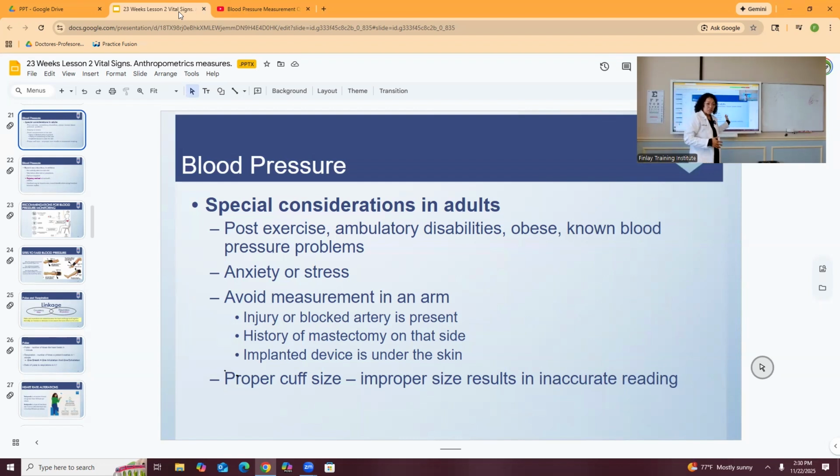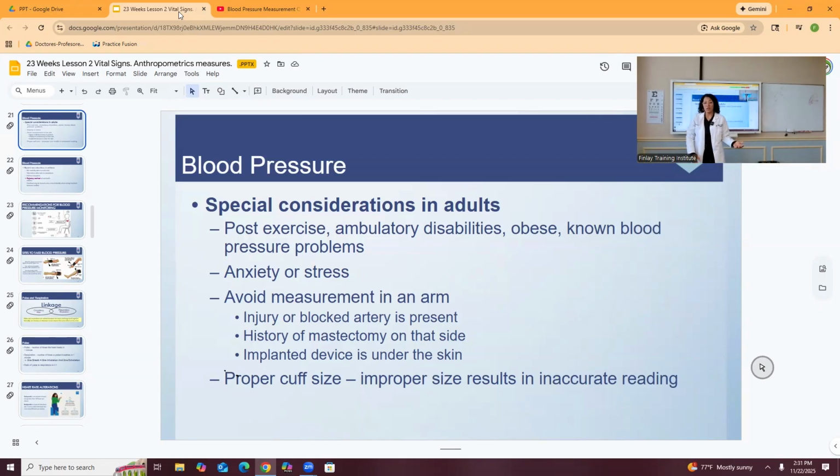These patients already know that they cannot allow you to put the blood pressure cuff there, so they will let you know. Patients with implanted devices under the skin, for example patients on dialysis that have a fistula there to perform the dialysis, you should not do it in that arm.